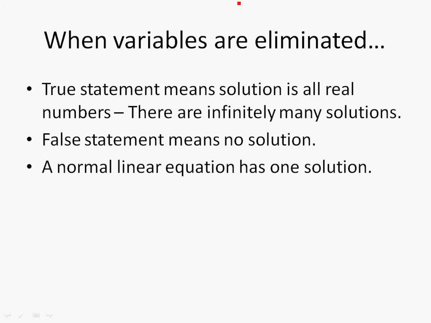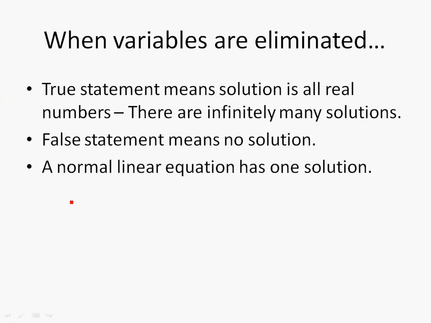A false statement means there will be no solution. So if you read the final thing at the bottom out loud, like the 1 equals 5, get something that's false, then you write no solution. And then finally, any other linear equation, the ones you solve normally, and if you get just x equals some number, those equations have one solution.